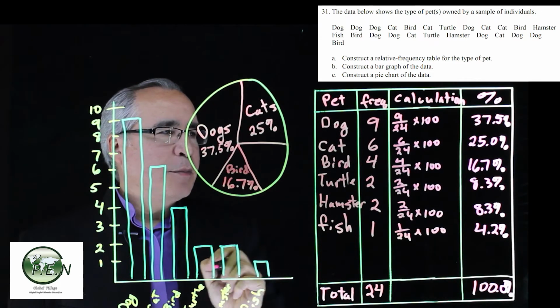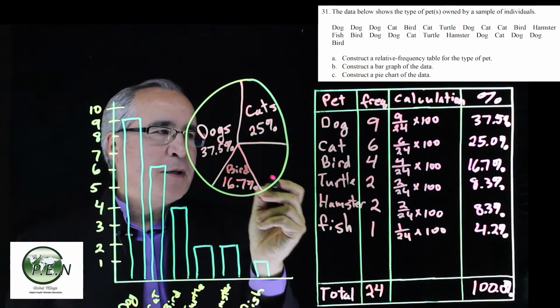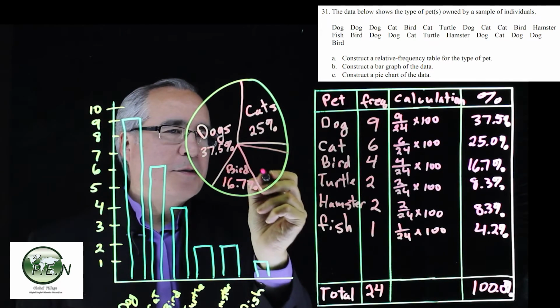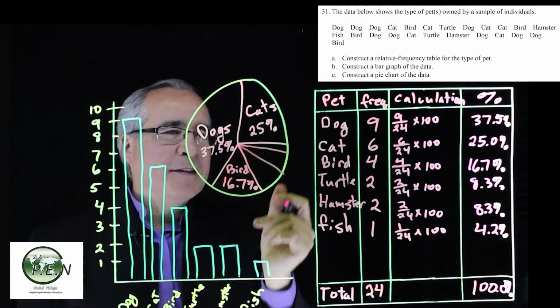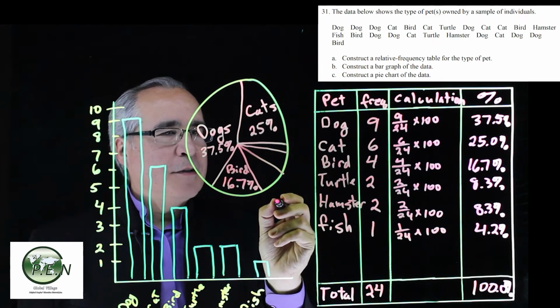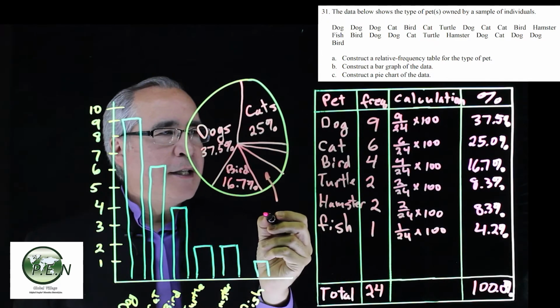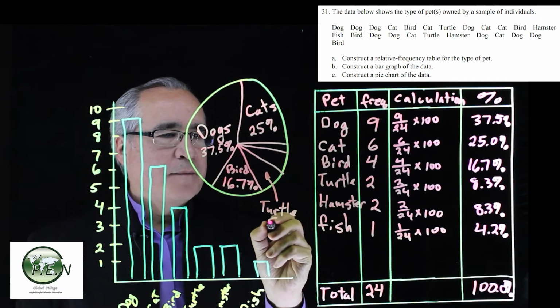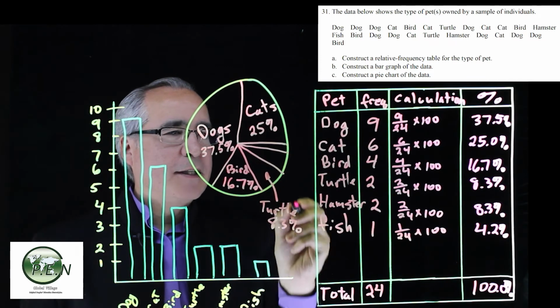And then this little part here, we've got 8.3, 8.3, and 4.2. Since we're just estimating the best we can, there's our 4.2. Let's divide that in half. And that's roughly okay. So I'm just going to put an arrow here because it's hard to write in there. This is the turtle, 8.3%.